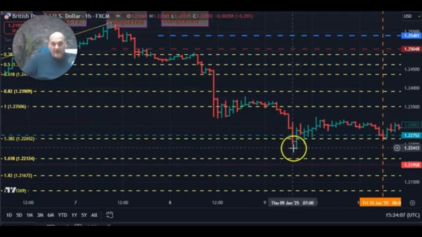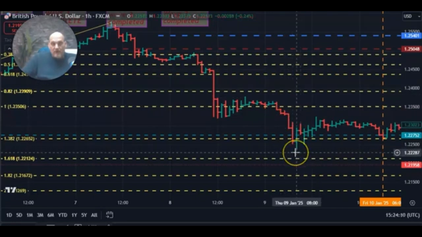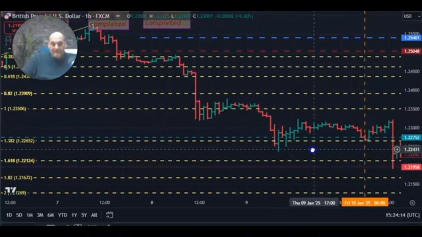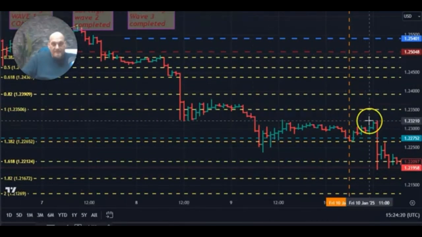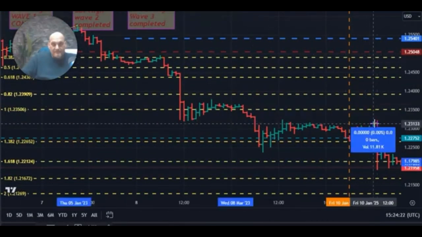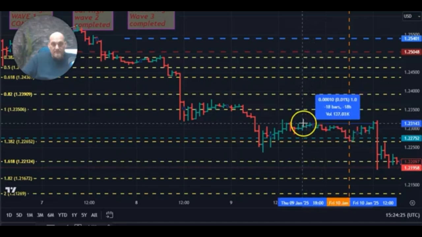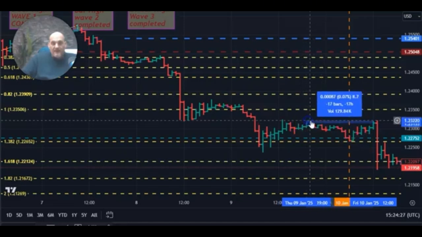Okay, so here we have a potential 21 bar low. Needs to be followed by a 13 bar high. This might be it. So let me get my little measurement thing here. Yeah, so that's my 13 bar high. Now wave 2 is complete.